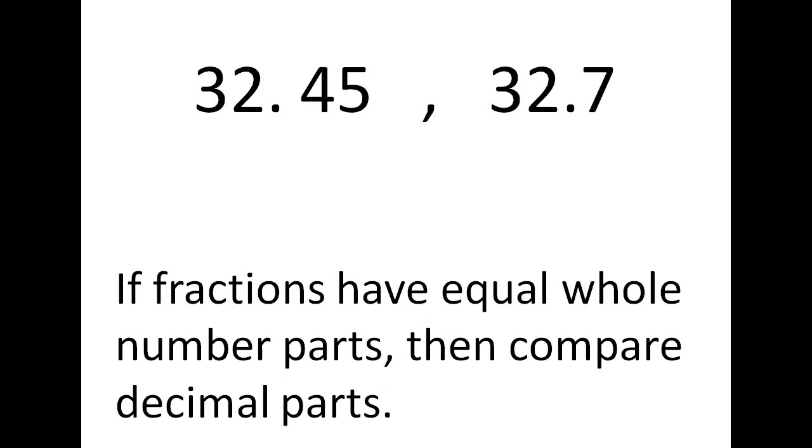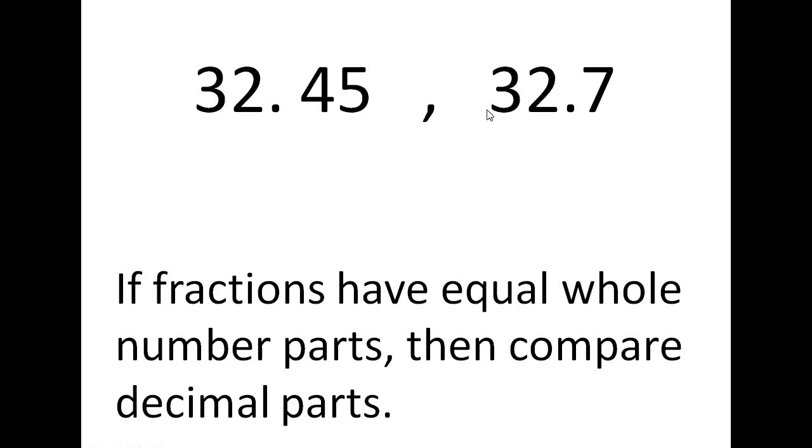If fractions have equal whole number parts, then what will you do? Then compare the decimal parts. In the decimal parts, you first compare the first place after the decimal. So 32 is a whole number, here also 32 is a whole number.